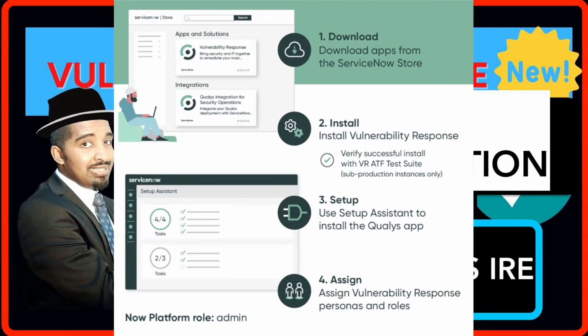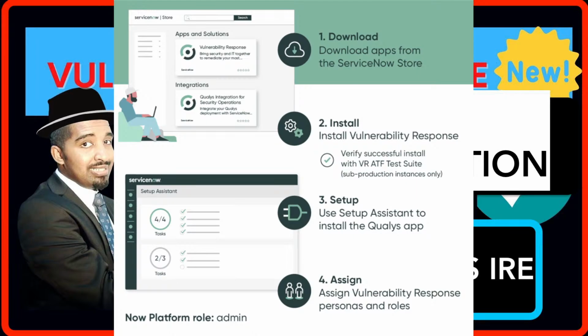Once you get the Qualys integration plugin, you download it and install it. Once you install your vulnerability response, you have to verify whether it's successfully installed or not, and you can check that by opening your modules and taking a look at your ServiceNow environment.